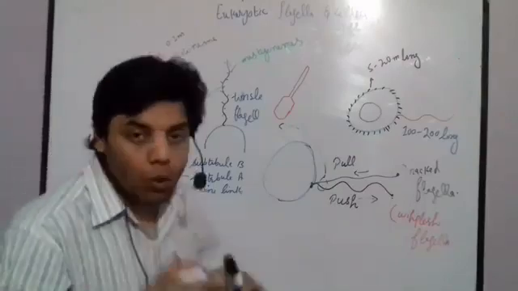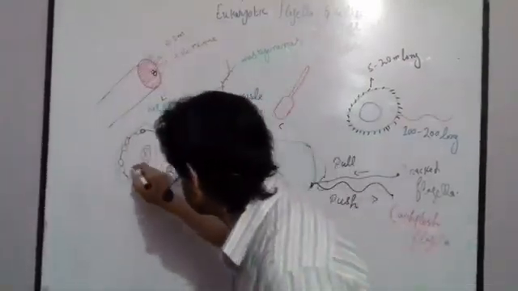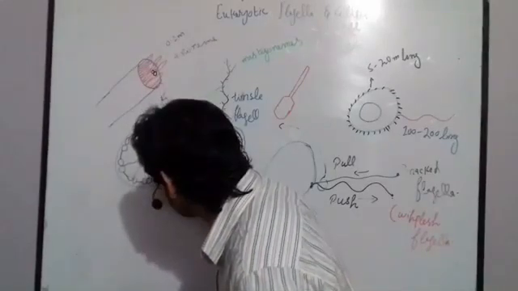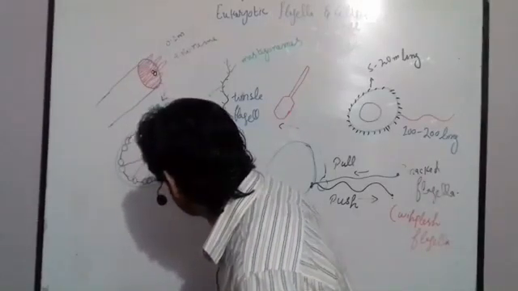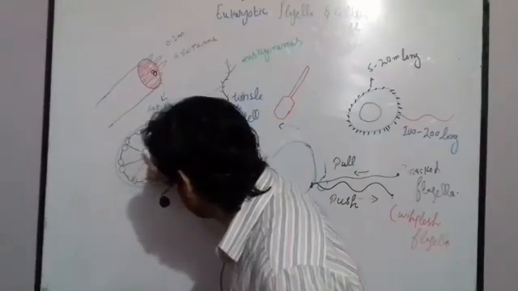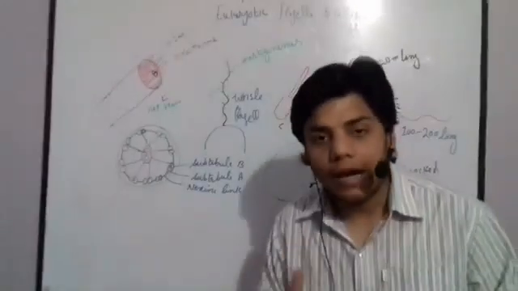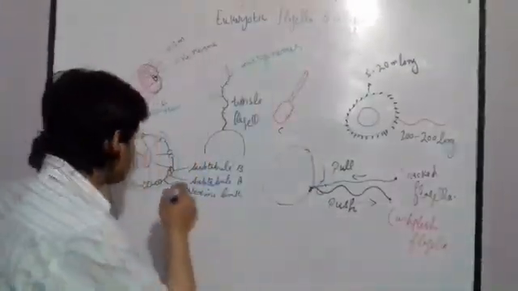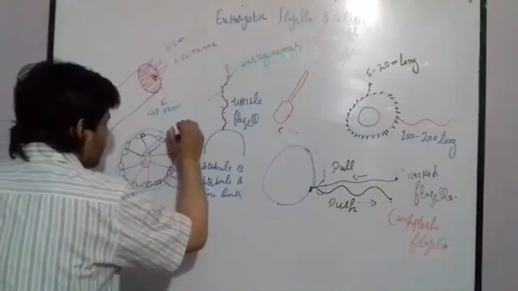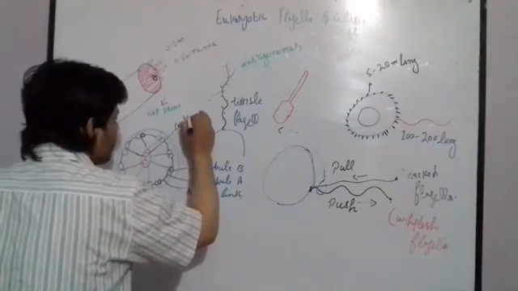And all these tubules are connected to each other, and they are further connected with the central microtubules. This is the central microtubules, but it is connected with a radial spoke.